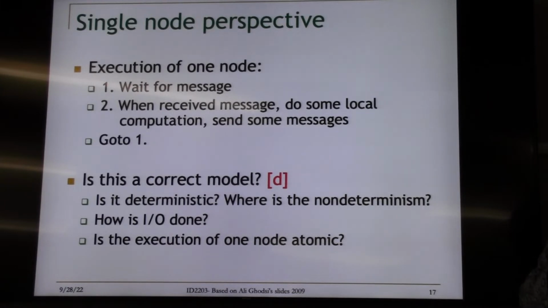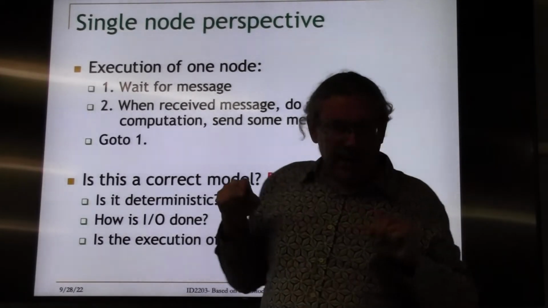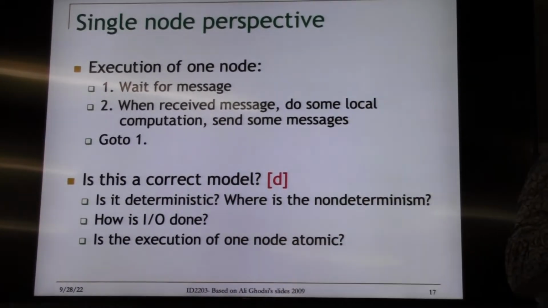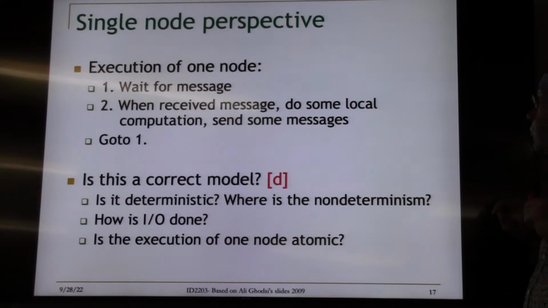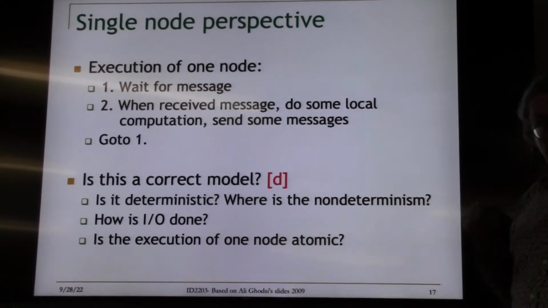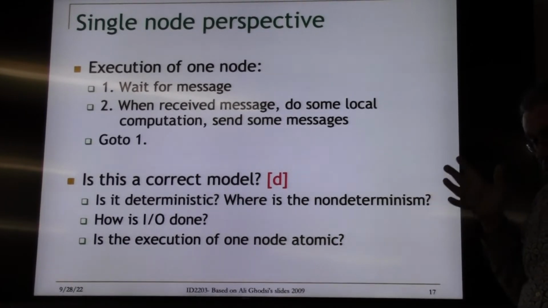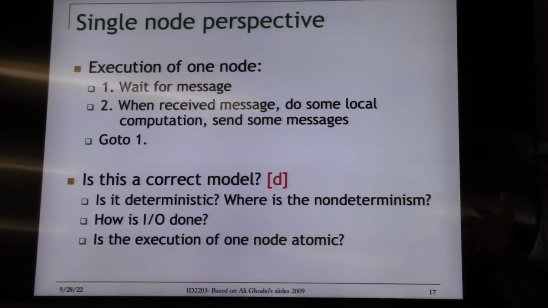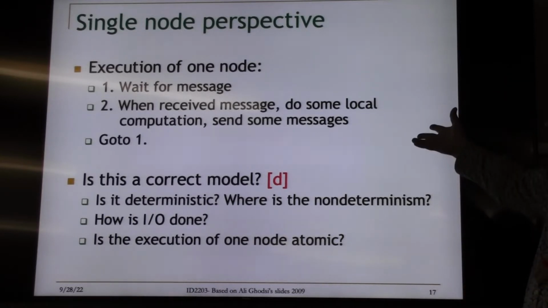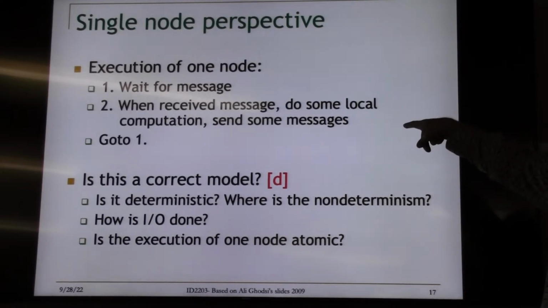What do you think? It doesn't have to be really instantaneous. The semantics has to be as if it was instantaneous, which means that in the model, you can never see intermediate states. You only see the beginning state of a transition and the ending state. Is this satisfied by this model? What do you think?